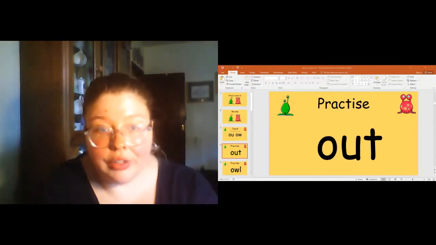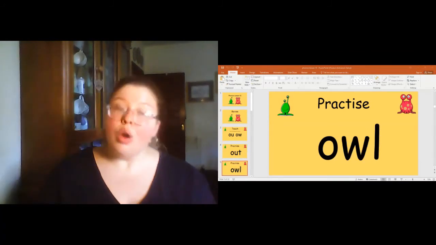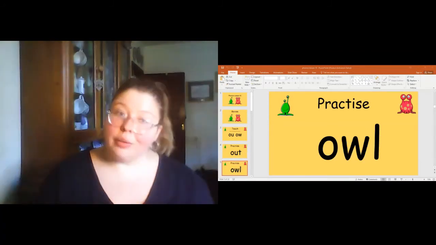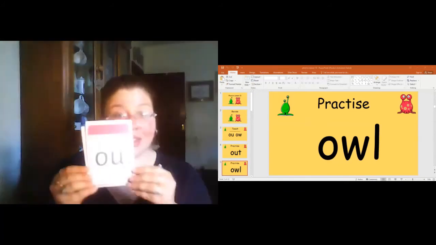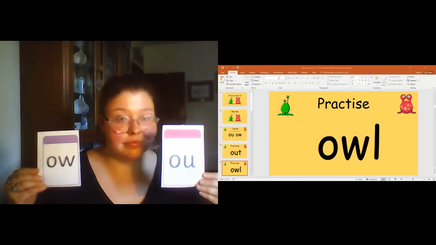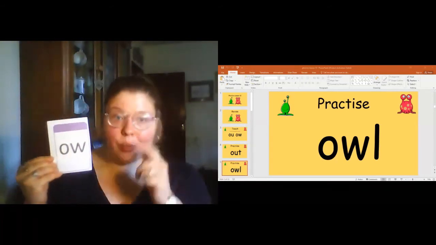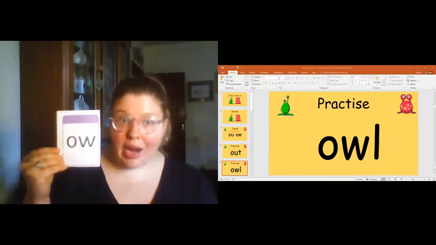Let's have a look at that next word. Which ow grapheme has it got this time? You're right, it's this ow. Have a go at blending that word together with this ow.